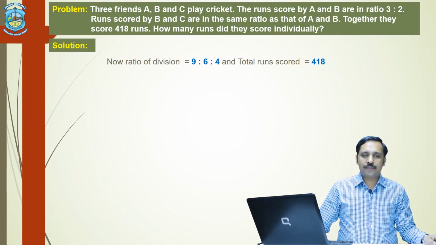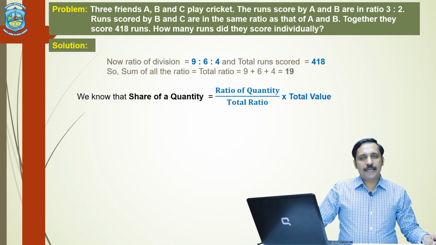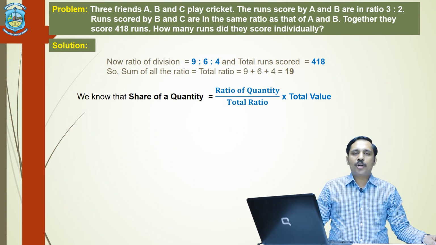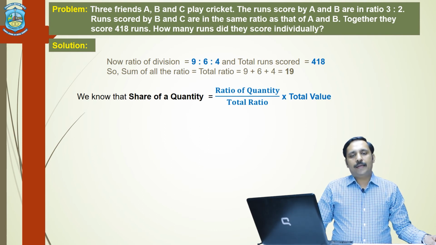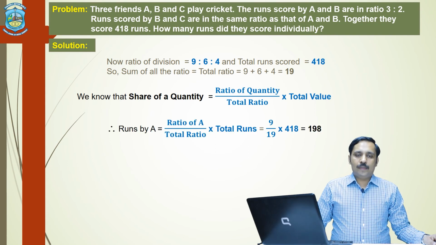runs into this ratio. That means the sum of the ratios is 9 plus 6 plus 4, that is 19. We know that the share of a quantity is the ratio of the quantity divided by the total ratio multiplied by the total value. Therefore, runs scored by capital A is equal to 9 upon 19 multiplied by 418, that is 198 runs.